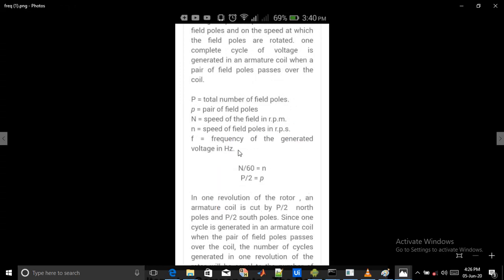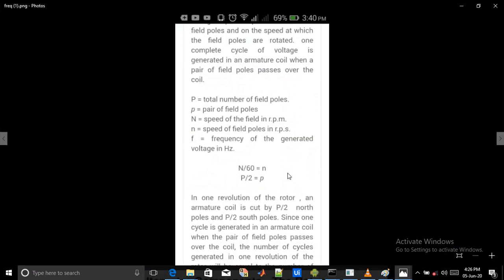So now this is it. So now the explanation is here. It says field poles and speed. Okay, you can see our N is speed. I'm sorry, I made a mistake the other time. Speed in revolution per second rather.